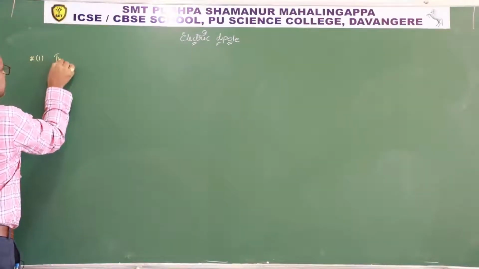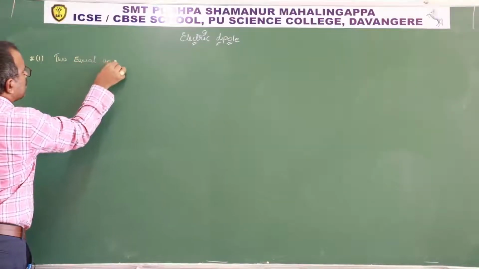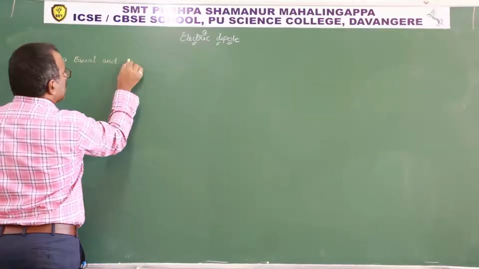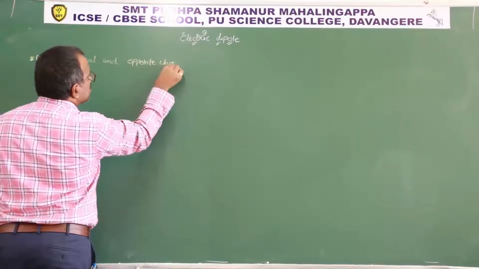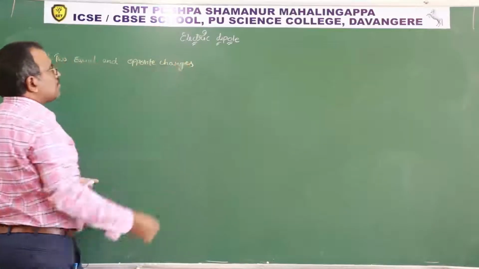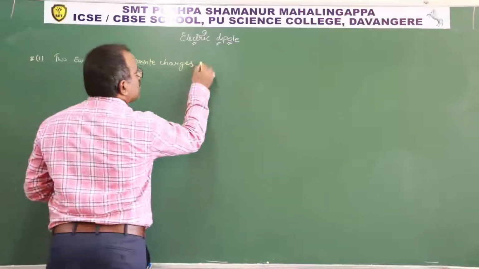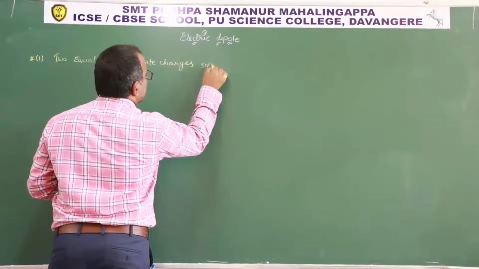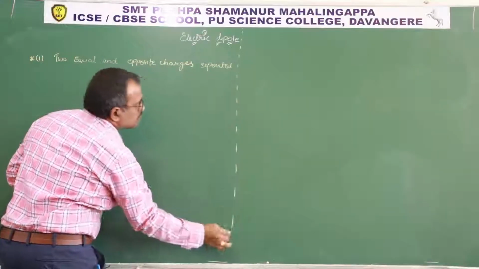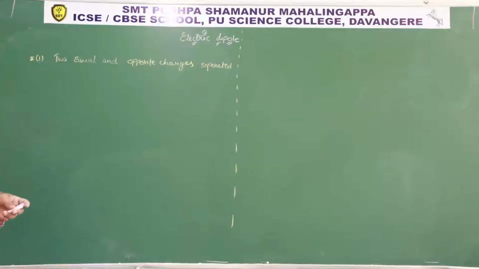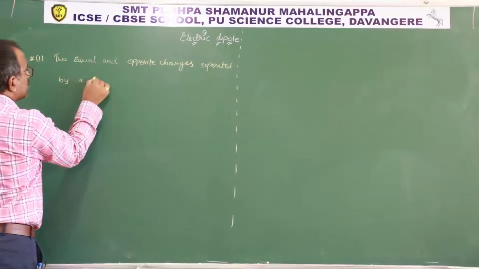Two equal and opposite charges separated by a small distance.